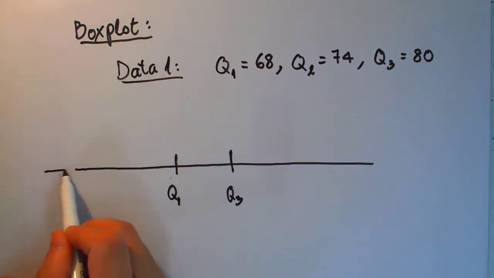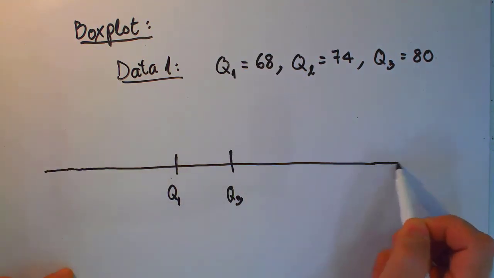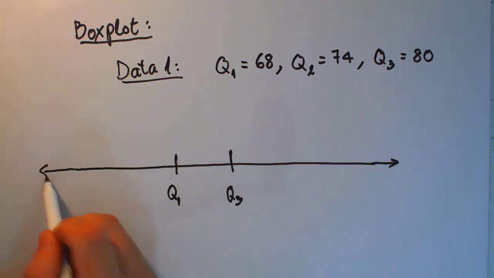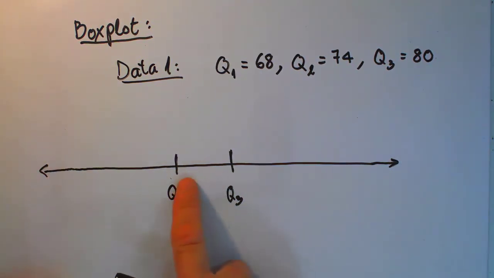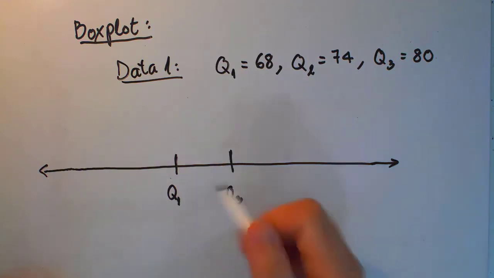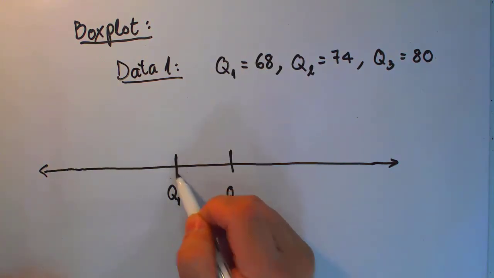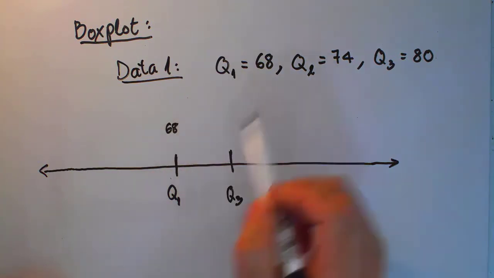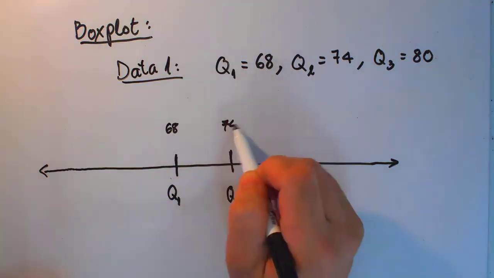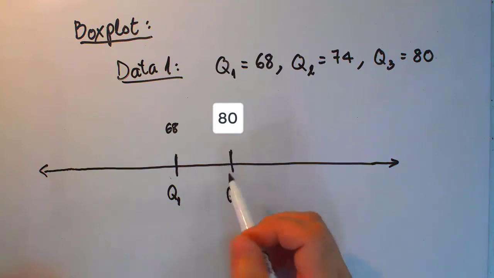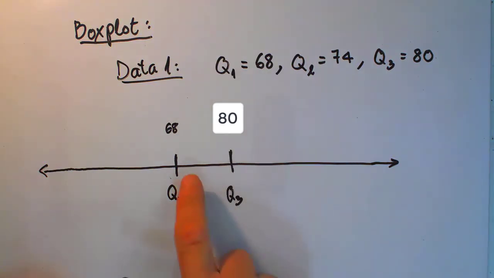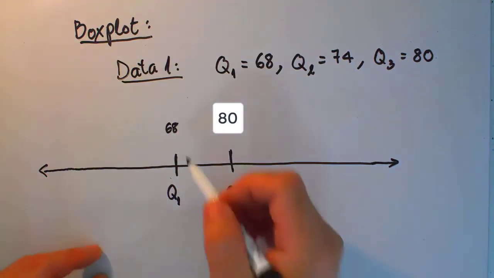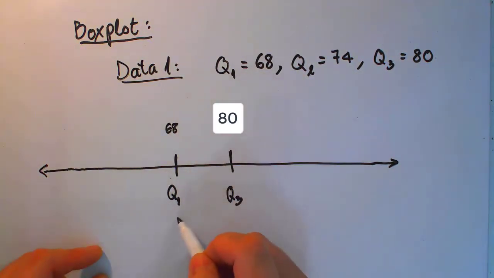So for data 1 that I'm working with, Q1 is 68, and you're starting to realize that the distance between Q1 and Q3 is 12 numerically, which happens to be our IQR in between.